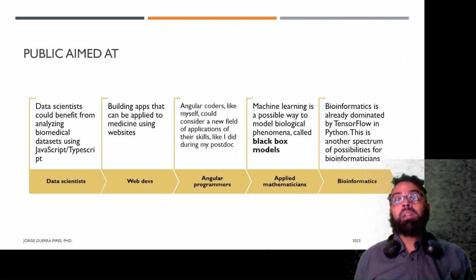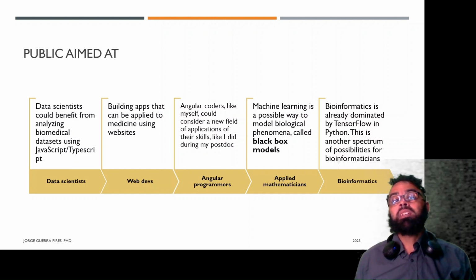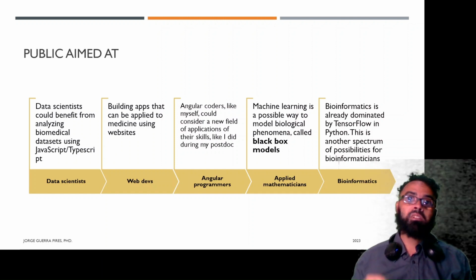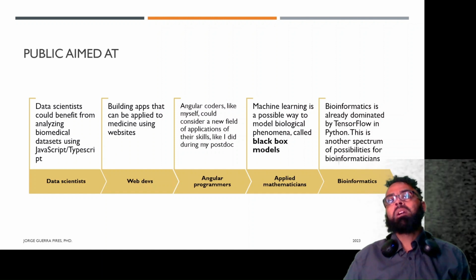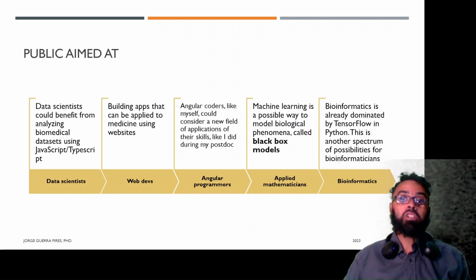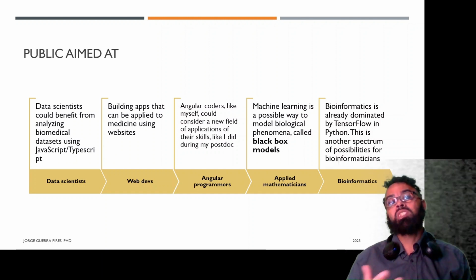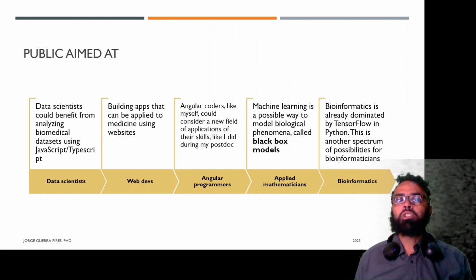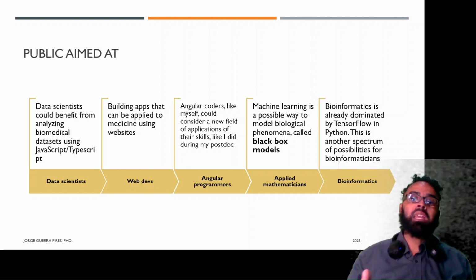Bioinformatics is very dominated by Python. I mean, if you talk to someone from bioinformatics, most likely they use R or Python. But I have the feeling that Angular is a very powerful option, especially because you are using TensorFlow.js, which is JavaScript. So you do not need a server, you do not need to save your data set.